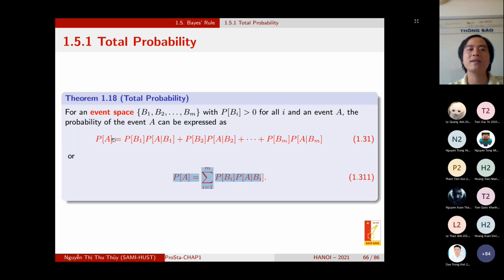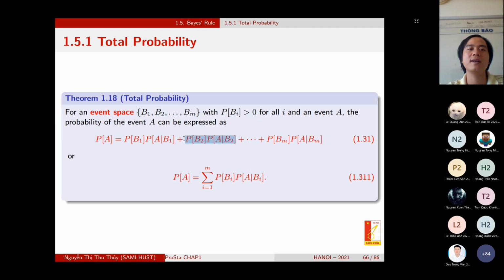So to compute the probability of A, we can split it into a partition: A and B1, or A and B2. In fact, you know that we have the product rule of probability. PB1 multiplied by PA given B1 is PA and B1. And here PB2 multiplied by PA given B2 is the probability of A and B2, the intersection with B2.